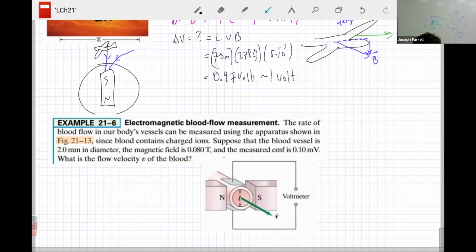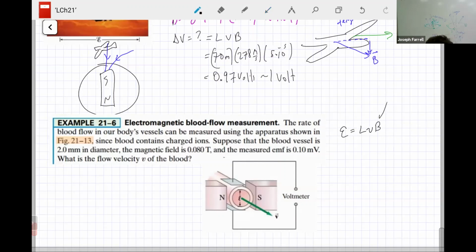Wow, without giving us a whole lot. Interesting. Basically, if we can put a vessel between the ends of a magnet, we can get a force. Then we're using this thing: the EMF is LvB, so that's what we're going to apply.